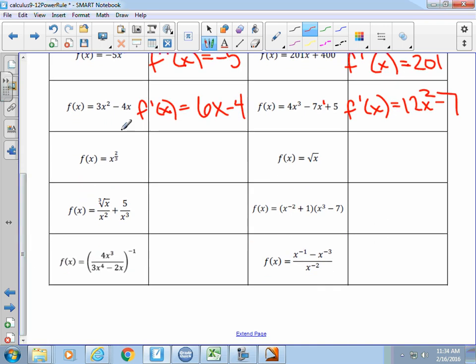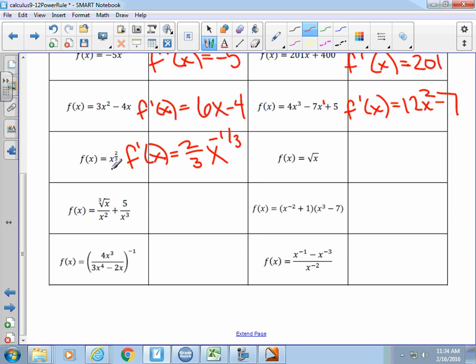Okay, x to the 2/3. 2/3 comes in front. Where in the world did negative 1/3 come from?